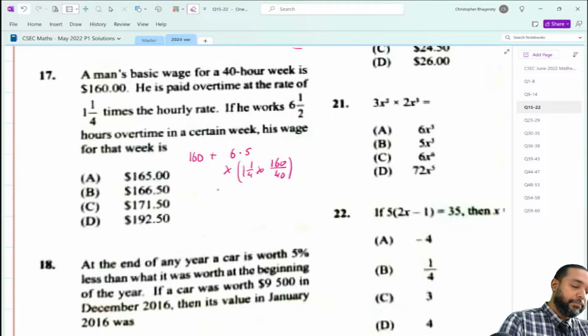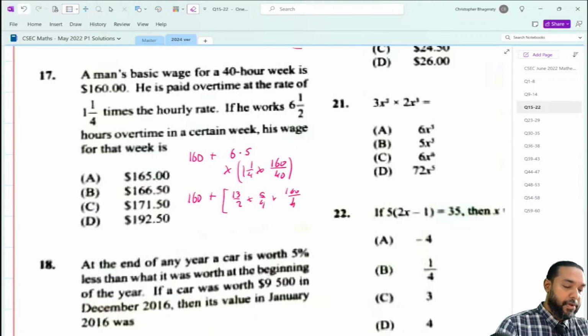So this is 160 plus... 6.5 is 13 over 2, and 1 1/4 is 5 over 4, and 160 over 40 is 4. 4 into 4 goes once.